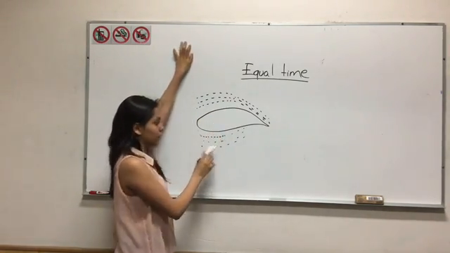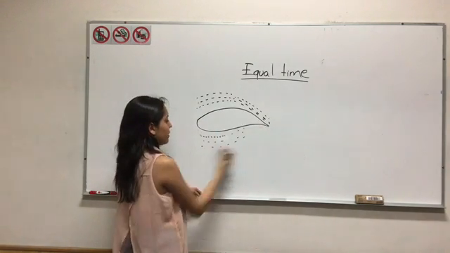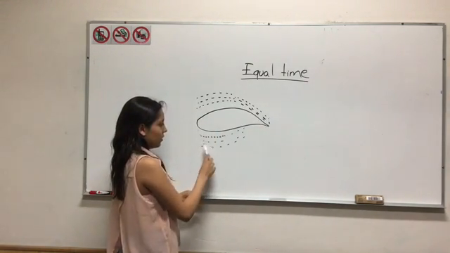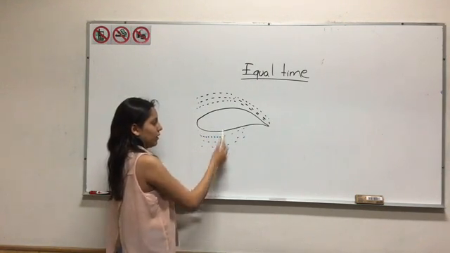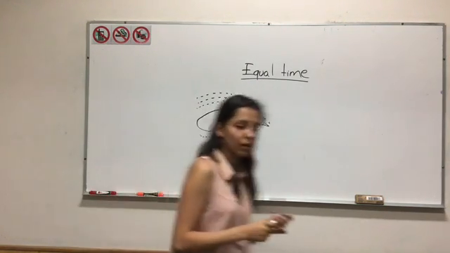So the fluid particles traveling along the upper surface arrive before those traveling along the lower surface.